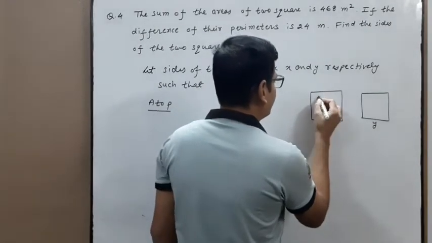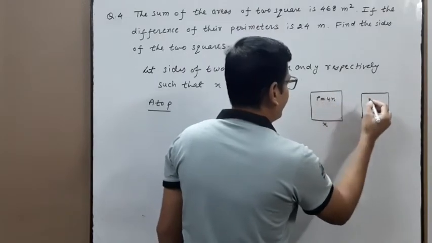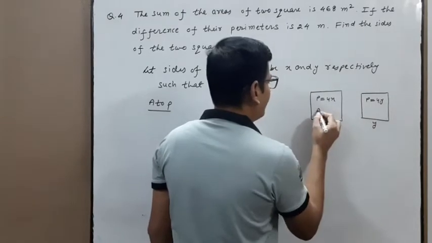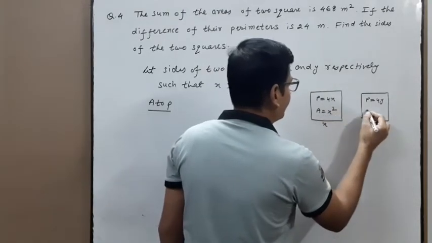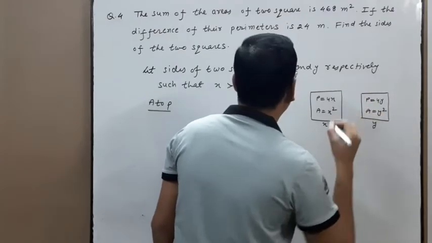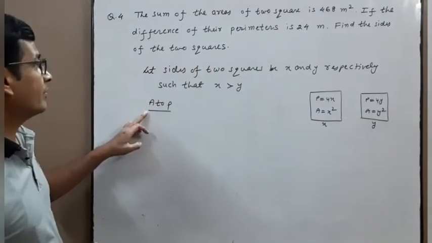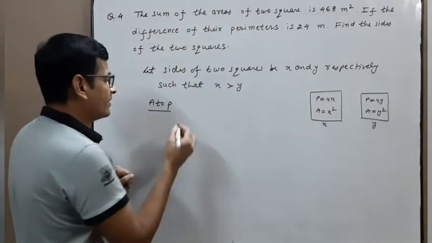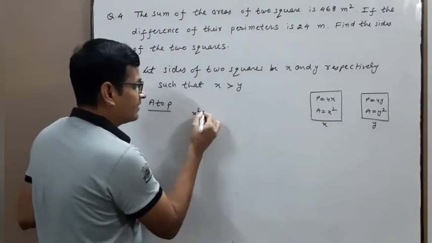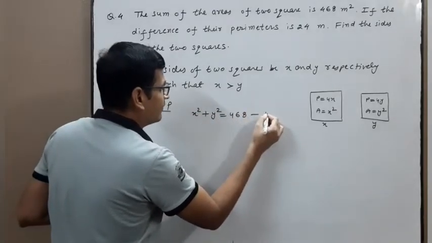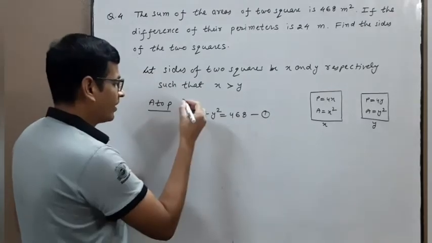Then the perimeter of the first is 4x and the perimeter of the second square is 4y, and the area of the first square is x square and the second is y square. So according to the problem, the sum of the areas of two squares is 468, which means x square plus y square equals 468. Call this equation number 1.